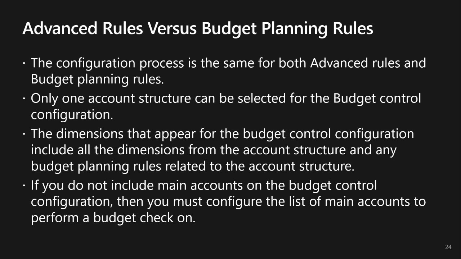When you go to that main accounts tab in the budget control configuration page, again, you're not seeing the list of main accounts that are in your account structure. You're seeing all of the main accounts in the entire chart of accounts for the legal entity that you're in. So really the key to your budget planning rules is which dimensions you want to use with your budget control configuration.